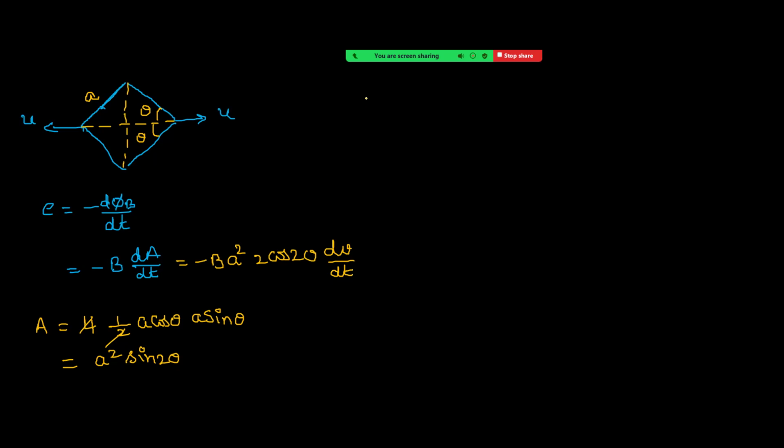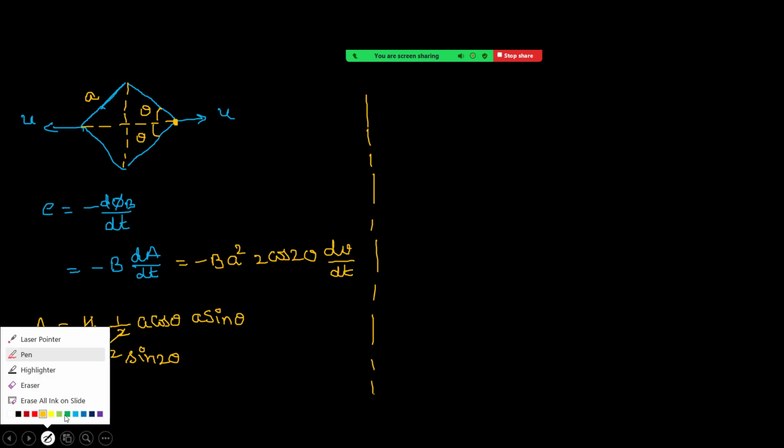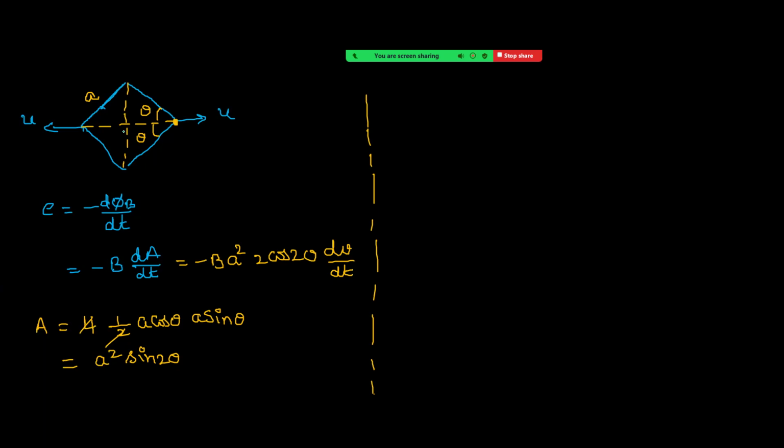Now to find d theta by dt value, let us use the given condition. That is, these corners are pulled with a constant speed u. Let us see how to use that. So here I am taking the center of the square as origin, and that point is fixed, that is not changing.